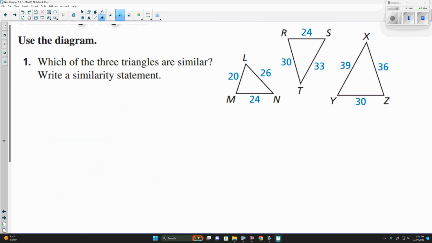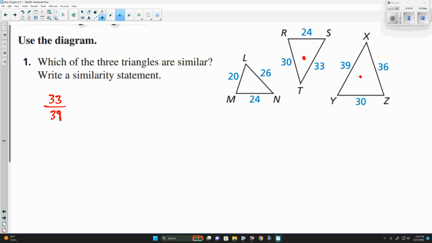Okay, which two do we want to try next? So RST and, yeah, we can do those two. And if those two don't work, well, we know it has to be LMN and XYZ. Now with these two here, the biggest side, for which one do we want to start with? So 33, 39, or 39 over 33, either way.